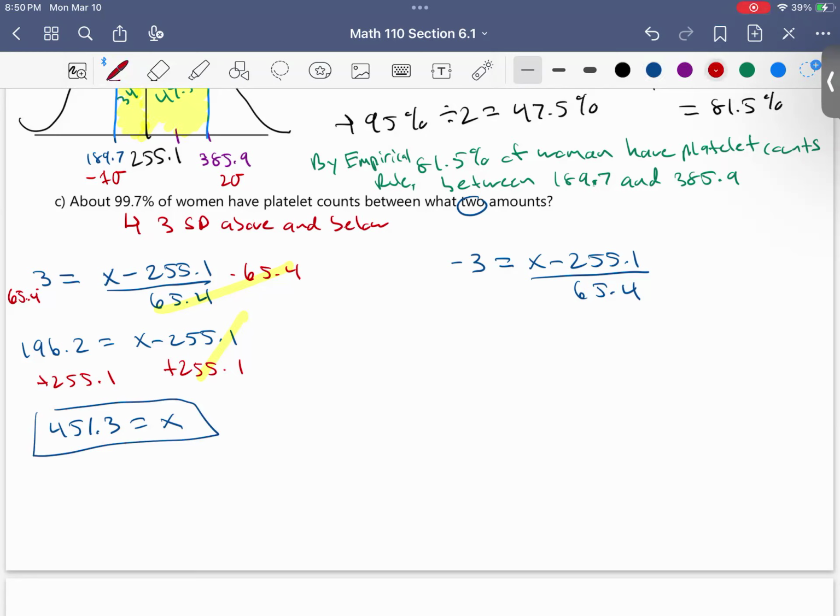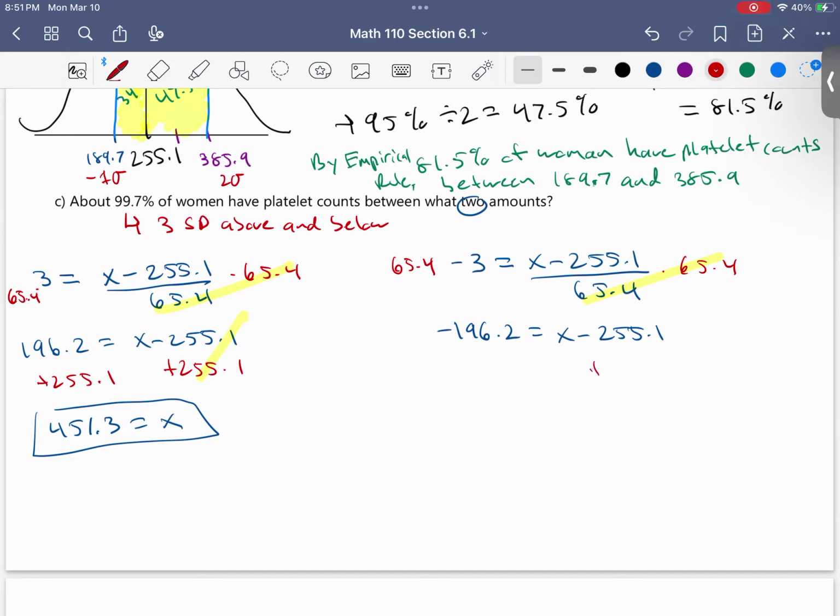Let's go ahead and check out our value that's 3 standard deviations below. Same process. I want to start out by multiplying by 65.4. That cancels out, and 3 times 65.4, or -3, we're just going to have negative 196.2 equals x minus 255.1.